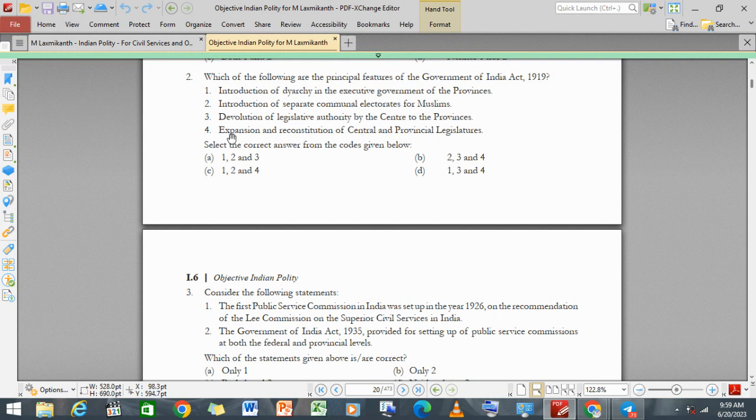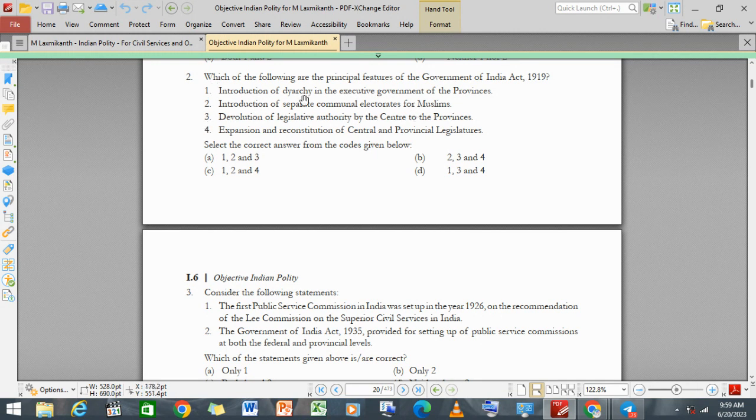It can be. And fourth, expansion and reconstruction of central and provincial legislature. Think on it. So, I believe second one is not correct, the communal electorate for Muslim. Rest, introduction of diarchy and devolution of authority from the center to the province. 1, 3, and 4 are correct.